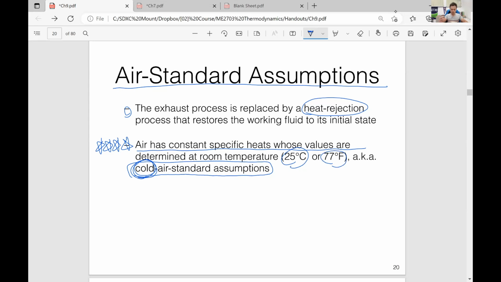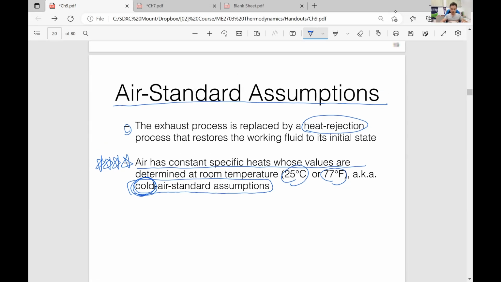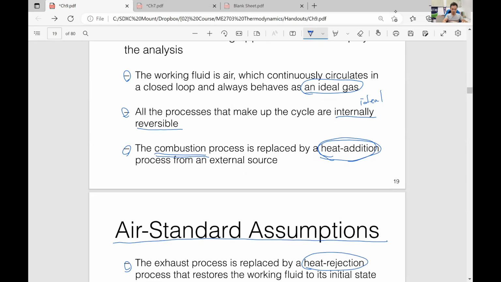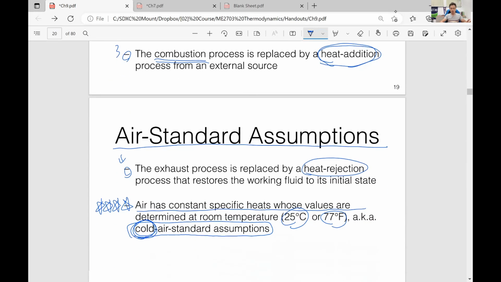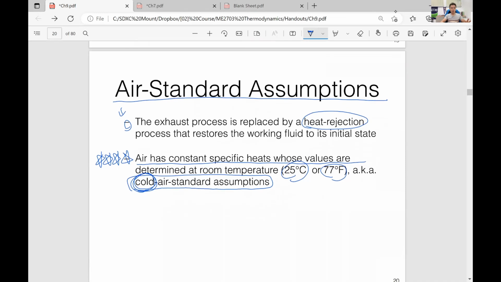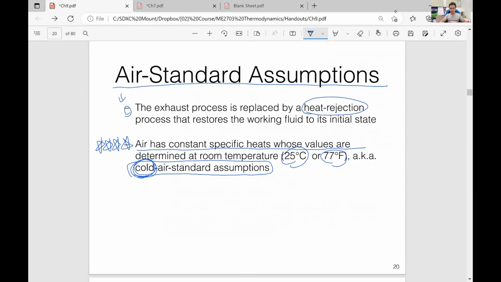So when you see "using air standard assumptions," then all these four assumptions are applied to air.